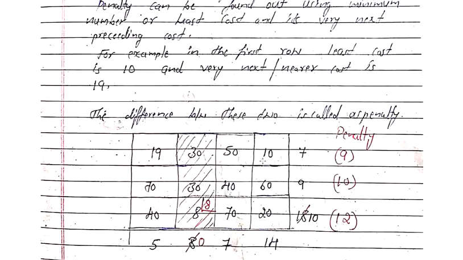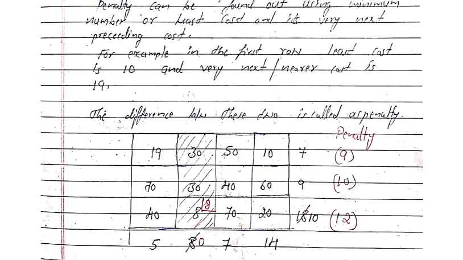The least cost is 10, and the very next cost nearer to that is 19. The difference between these two costs, 19 and 10, is what we call the penalty. So here the penalty is 9.